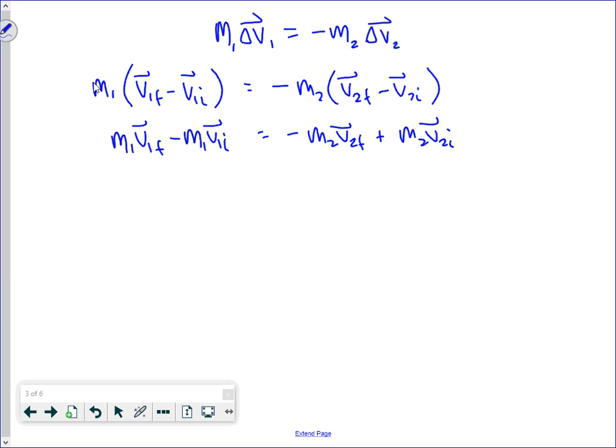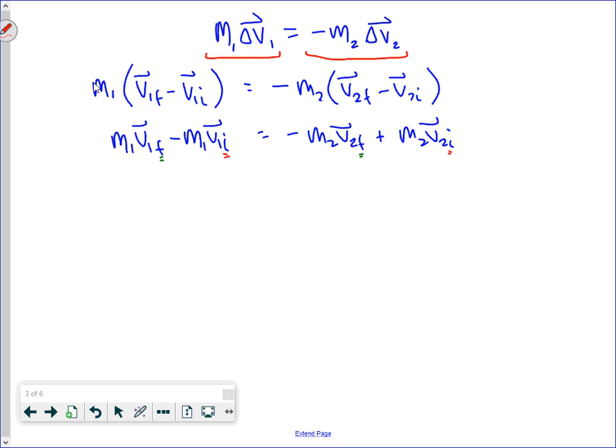Okay, who cares, except maybe, now notice, here I'm talking about what happens to each object. What happens to object 1? What happens to object 2? We can change that and say, instead of comparing one object to the other, let's compare now to now. Initial to final.